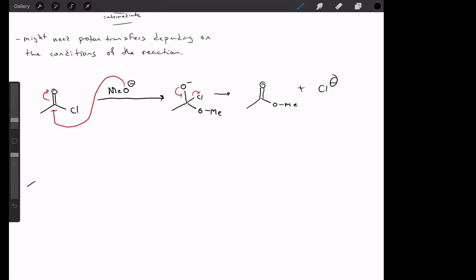Now, I don't need a proton transfer in this case, but what about if I use something under acidic conditions? Let's say that I start out with an ester and I do some sort of acid-catalyzed hydrolysis. If I were to just start out by using water as a nucleophile, then I would end up with a situation that is neutral overall, which is a little bit weird because we're in acidic conditions.